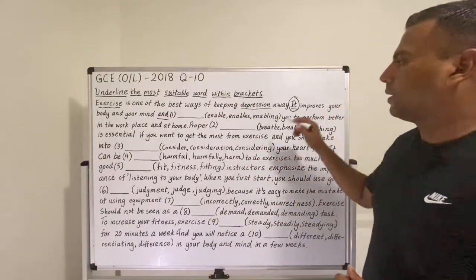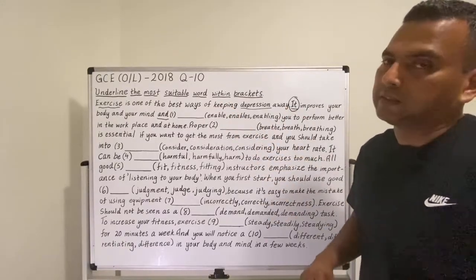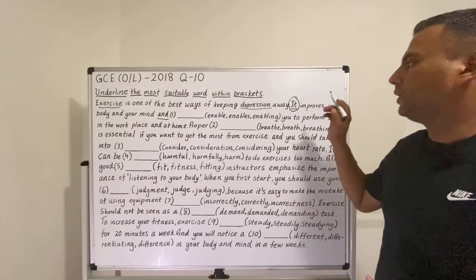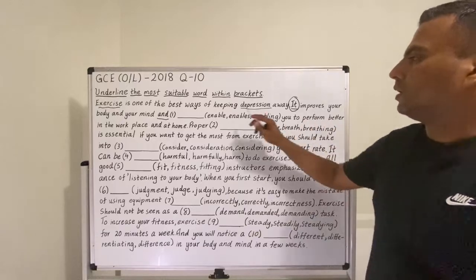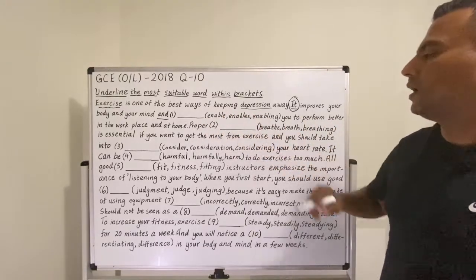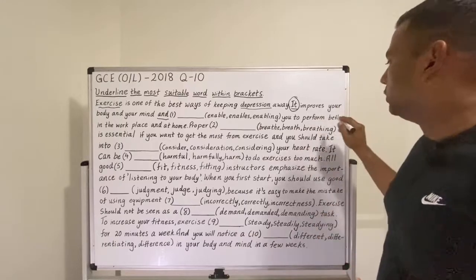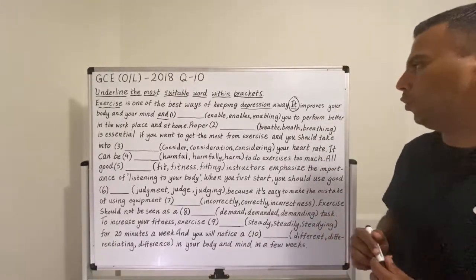So the second part that is getting added to this sentence is sharing the same subject that we used in the beginning. Then within brackets we have three words: enable, enables, enabling, you to perform better in the workplace and at home.